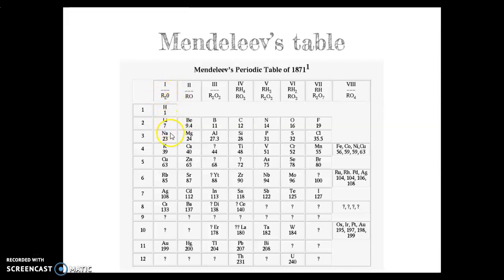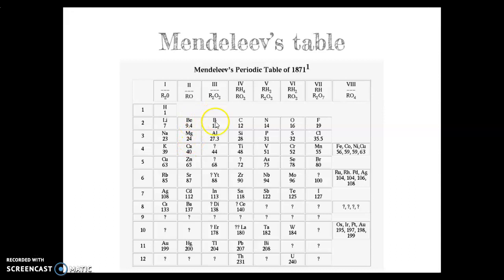Lithium also does that, and sodium and potassium. And so he put them into a first column, and then he has a second column where they form one bond to oxygen, a 1-to-1 ratio. You have beryllium, magnesium, and calcium in that column, just the same as we have in our column 2 on the periodic table.